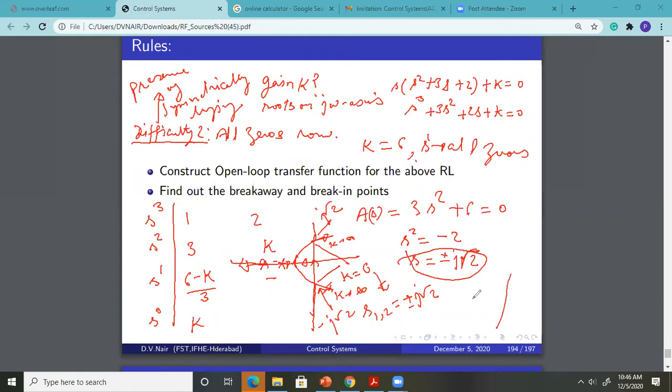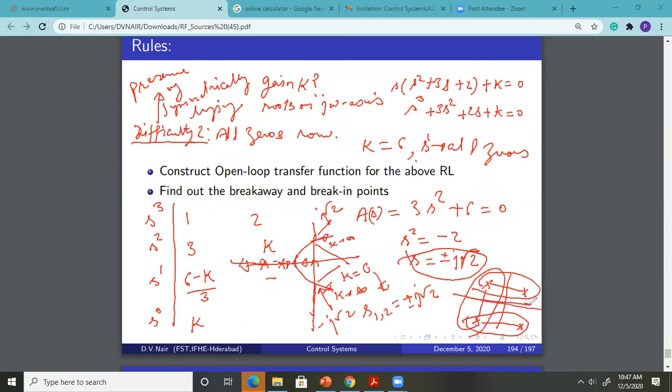Symmetrical with respect to the real axis means what? If one root is here for some gain k, there will be a conjugate pair here, right? If it is symmetrical with the imaginary axis, then for this root there will be a companion in the right half of the S-plane. So these two form a symmetrical pair with the imaginary axis. Similarly, these two are symmetrical with the imaginary axis, whereas these two are symmetrical with the real axis.